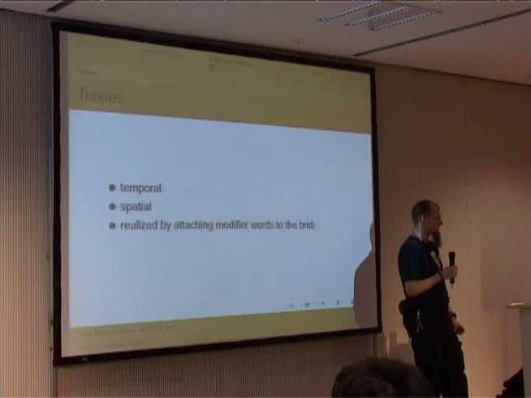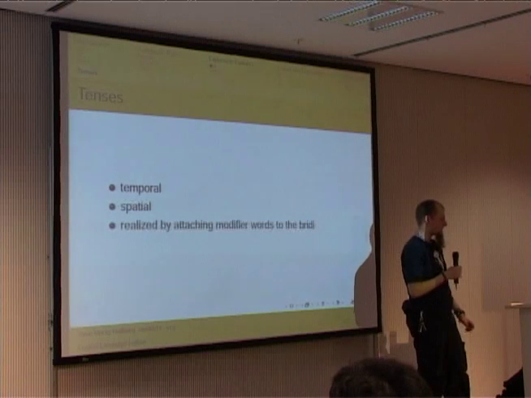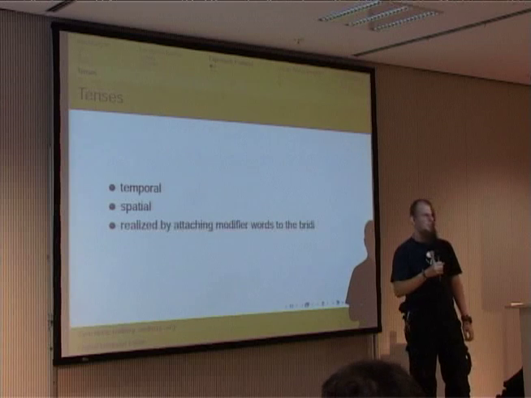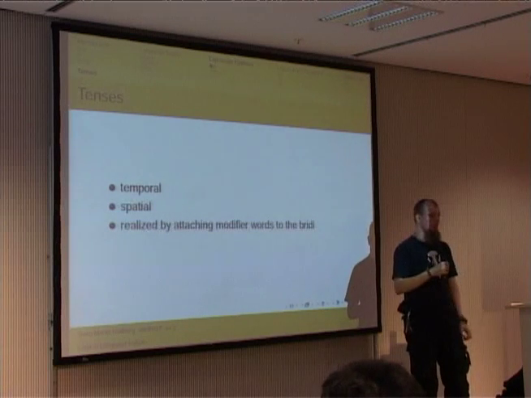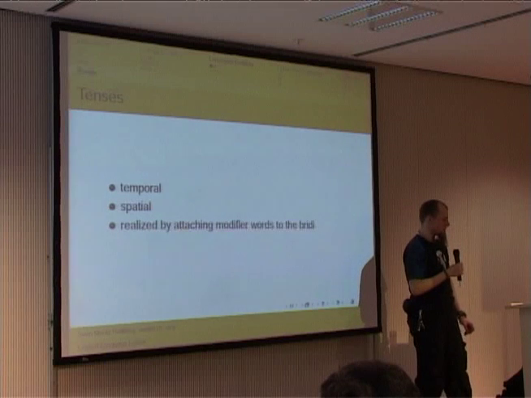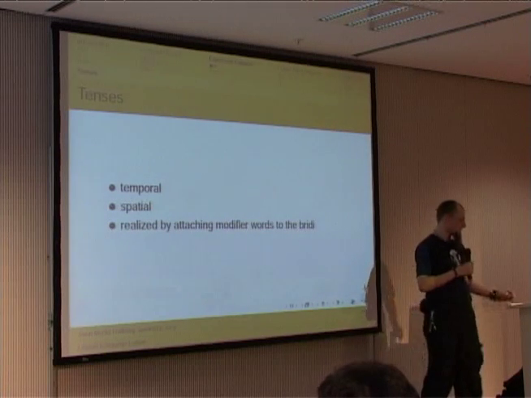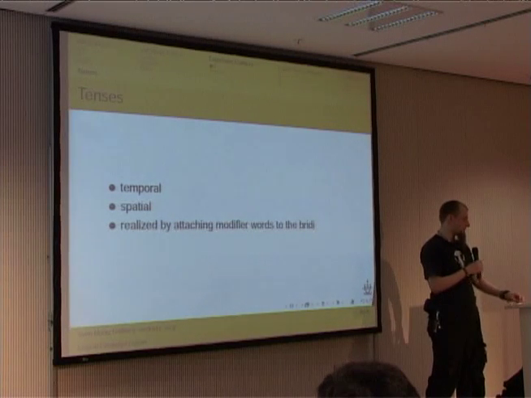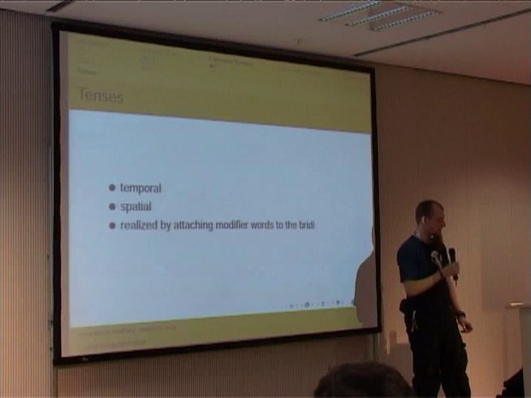Okay, let's go to some more features. So now you know the basic sentences. You can say, I'm going there and I'm coming to the market or whatever. This is not interesting, of course, usually. What you say is more complicated. Just for instructive purposes, let me introduce some of this. Tenses in Lojban.